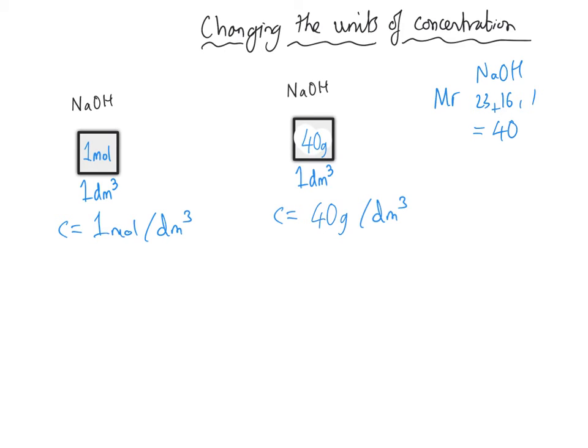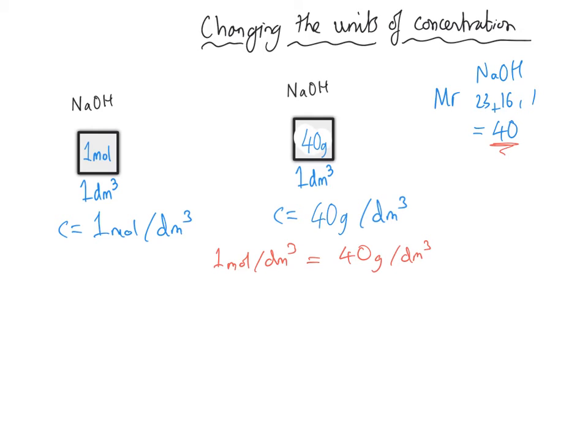And so for sodium hydroxide, because the MR of sodium hydroxide is 40, 1 mole per cubic decimeter will have the exact same concentration as 40 grams per cubic decimeter. And in fact, if we just said that differently, if we had 1 cubic decimeter of sodium hydroxide, we would have 40 grams of sodium hydroxide, which is the equivalent of 1 mole.